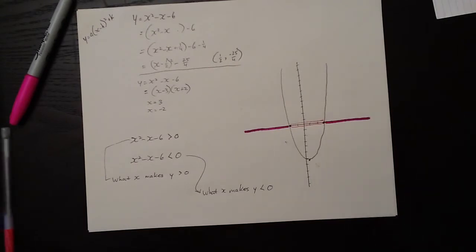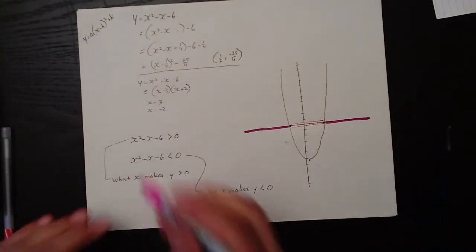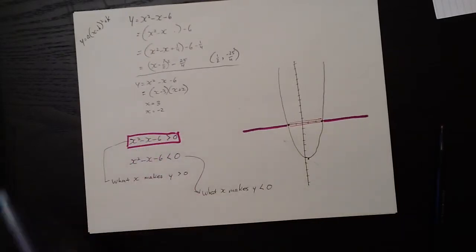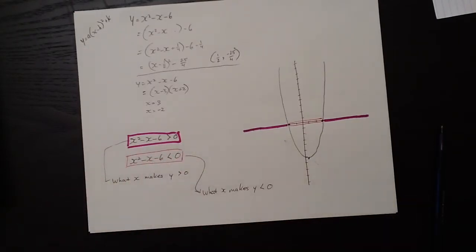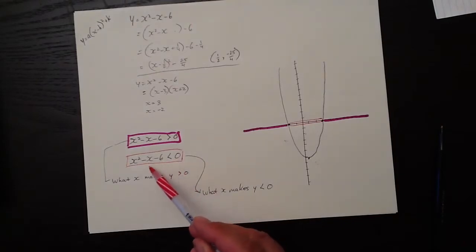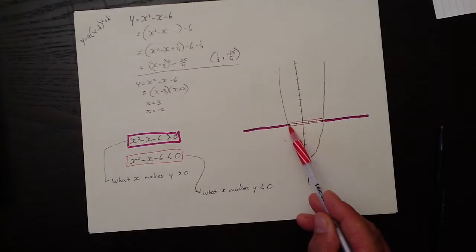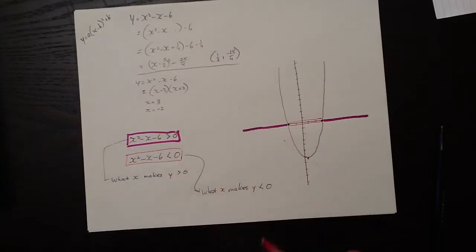So when we look at an equation like this, I'm going to call this our pink inequality. And this will be our red inequality. Any x's that are greater than -2 and less than 3 will make this true.